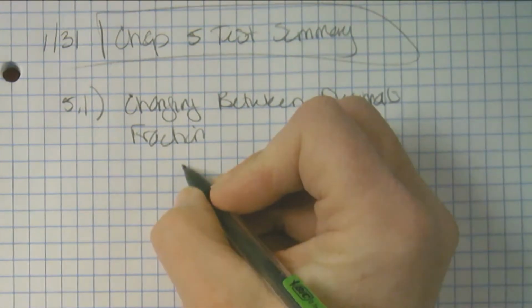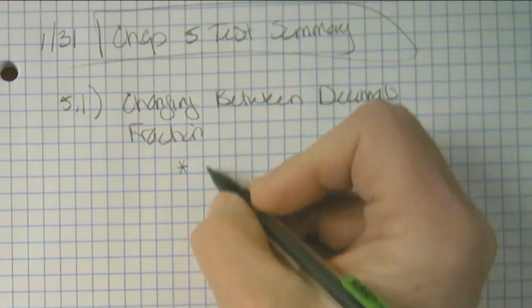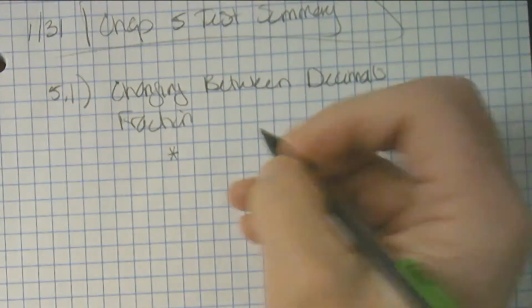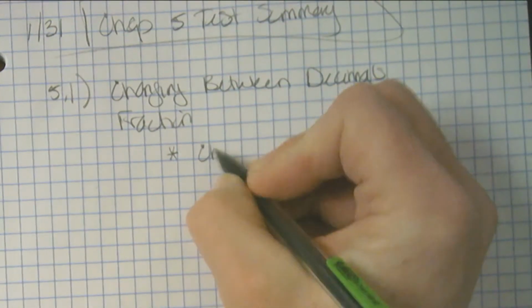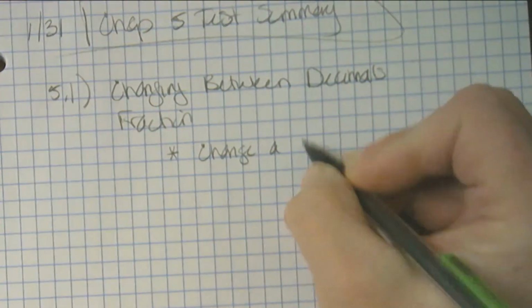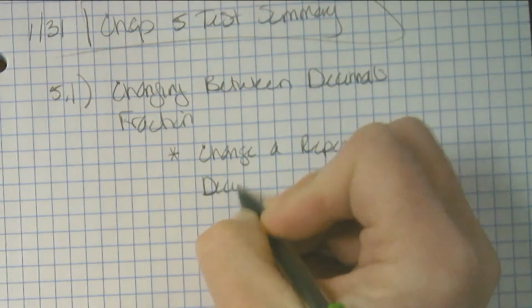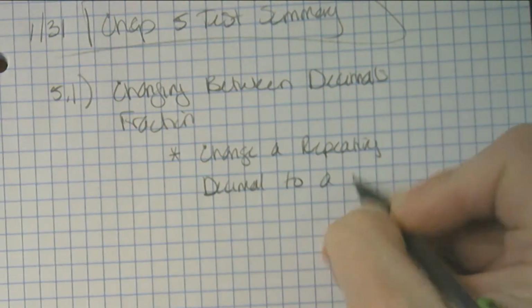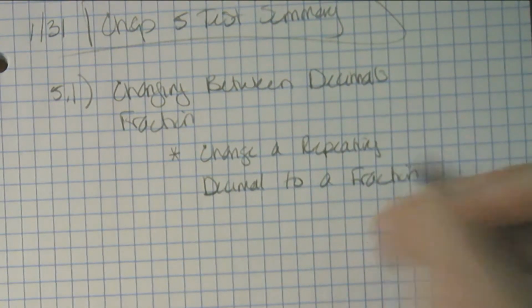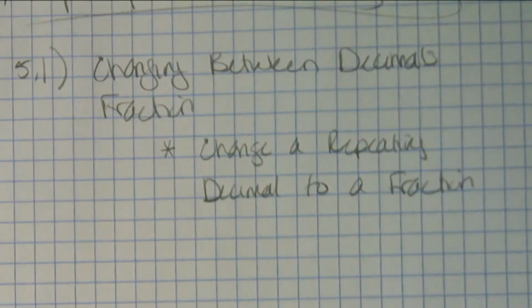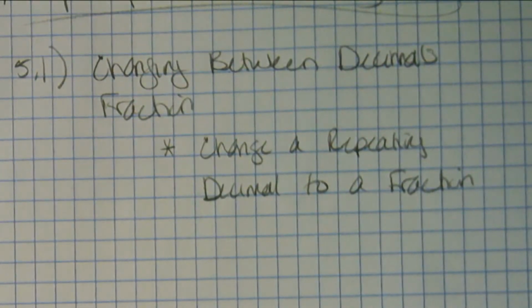The big thing here that I think is new to you is changing a repeating decimal to a fraction. You definitely are going to have one of those on your test, and there's a process that goes with that.